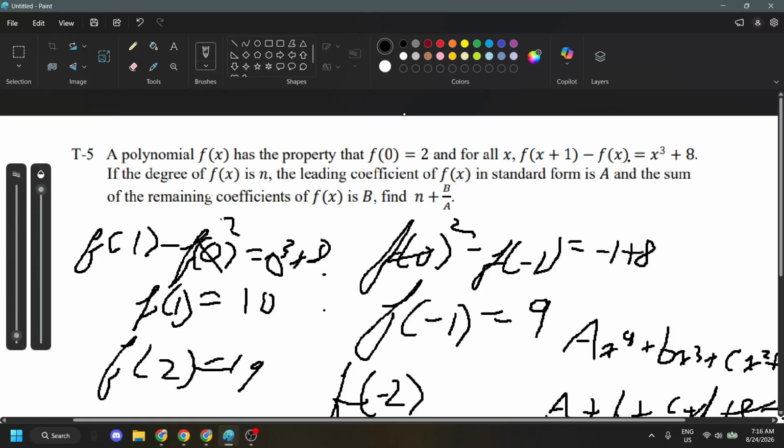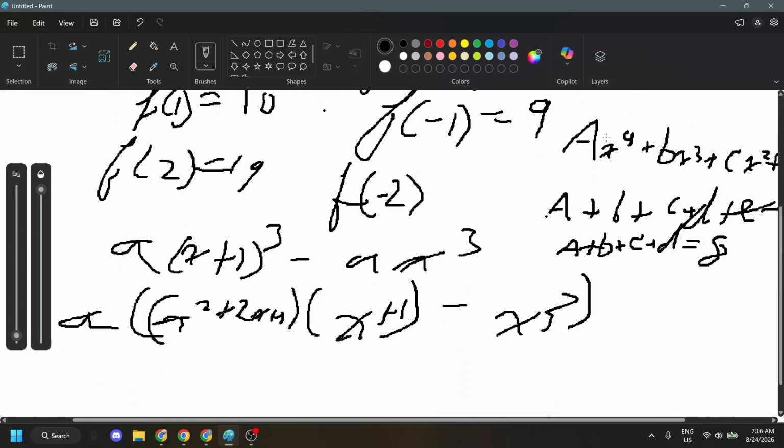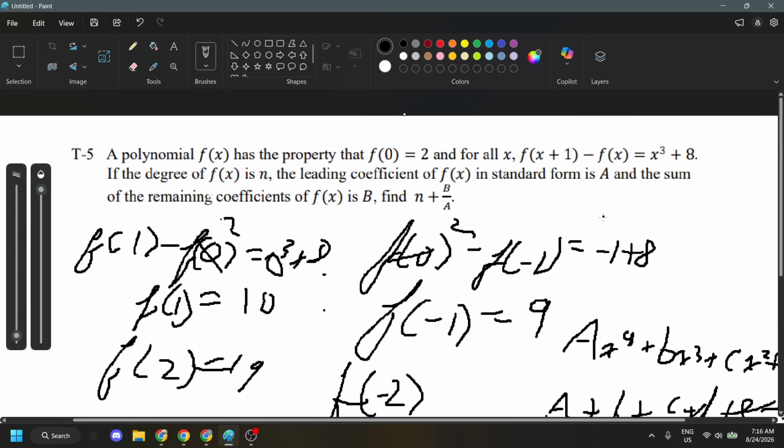9 minus f of negative 2. Oh shoot, did I do this wrong? When I found f of negative 1, put negative 1 in here, this is 2.